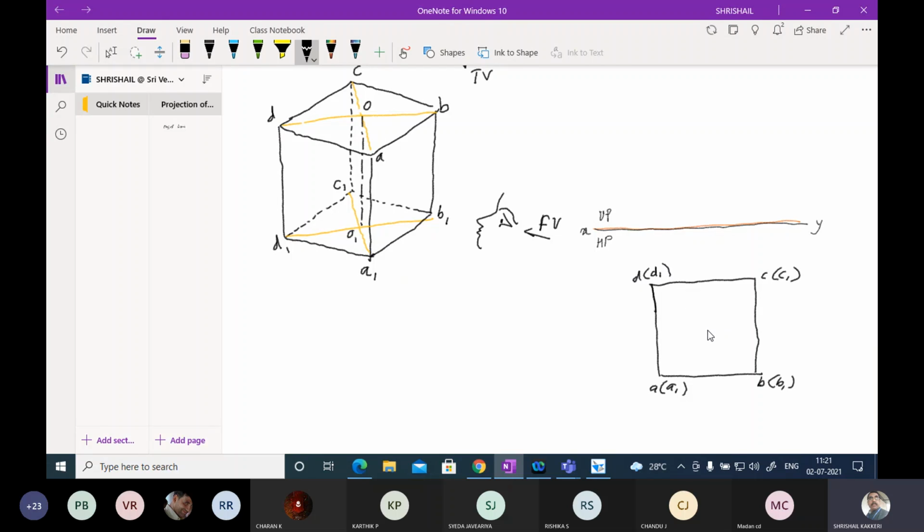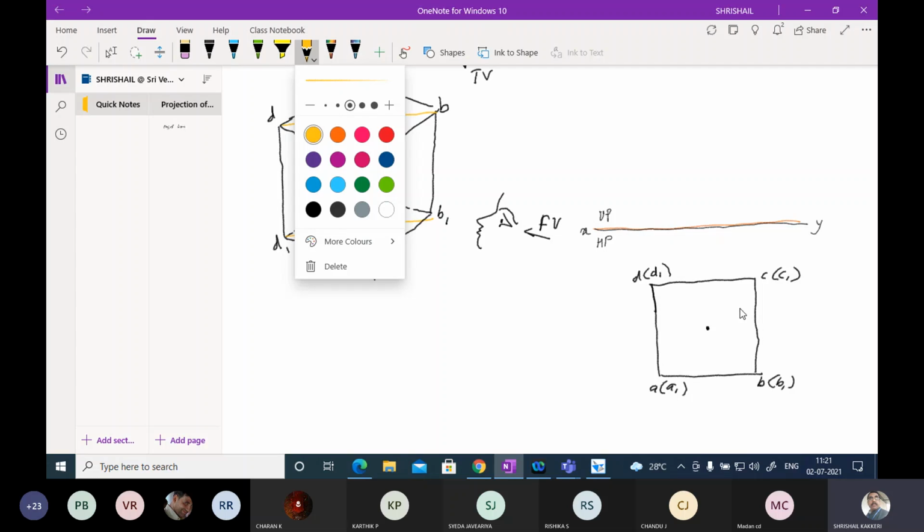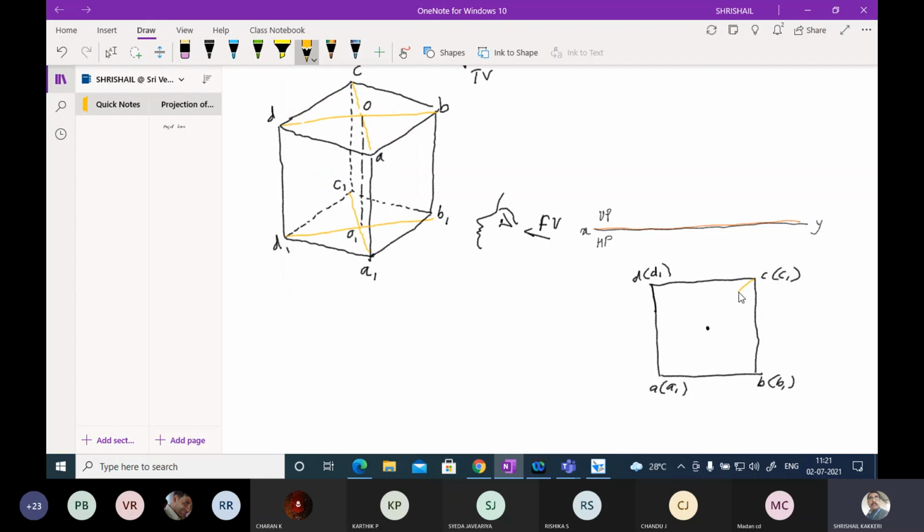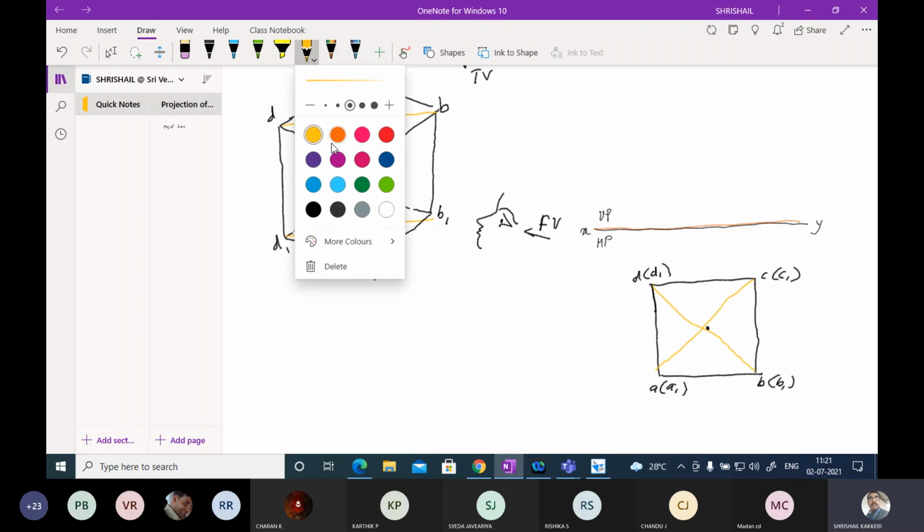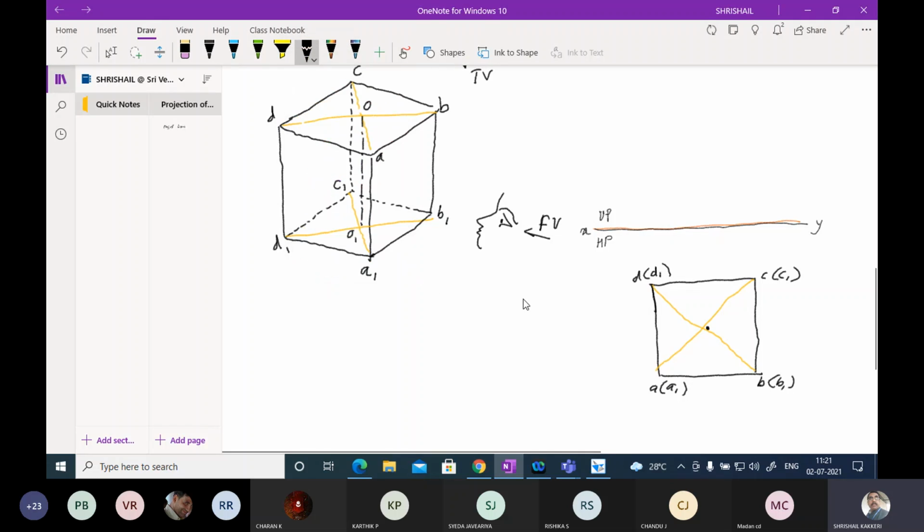And here we have the axis point. I am not going to simply locate it. We have to draw these diagonals by thin line, and where they intersect, that point will be the imaginary point, the axis point. And here it will be O in bracket O1. This is what I have written.